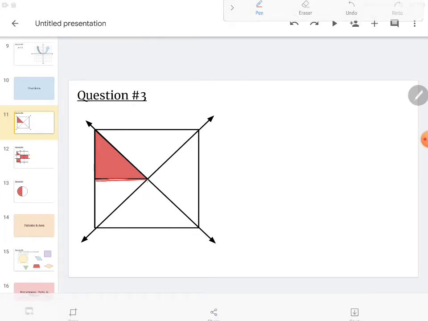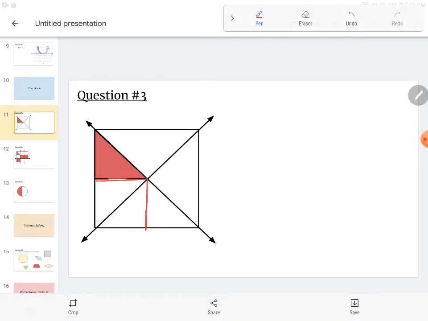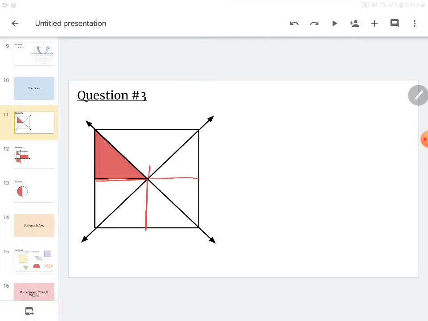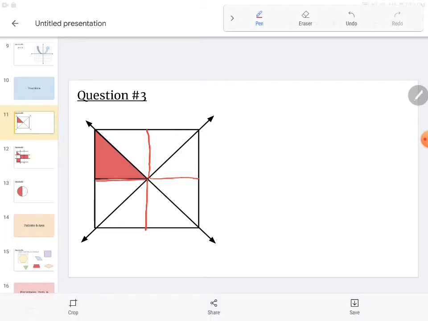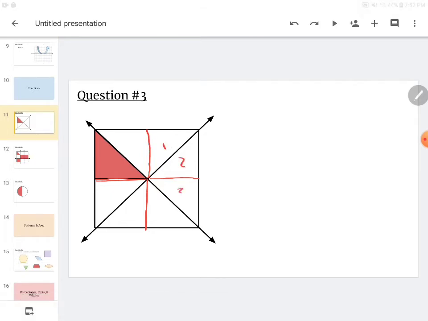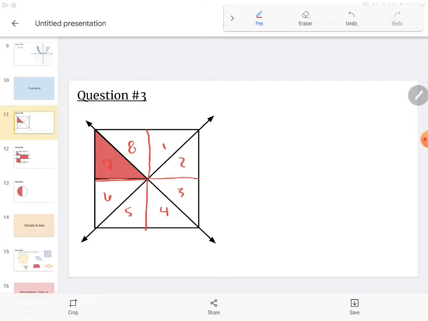So all we're going to do is split our other sections in half to match, just like that. And now we have a total of 1, 2, 3, 4, 5, 6, 7, 8 sections. We have a total of 8 sections.